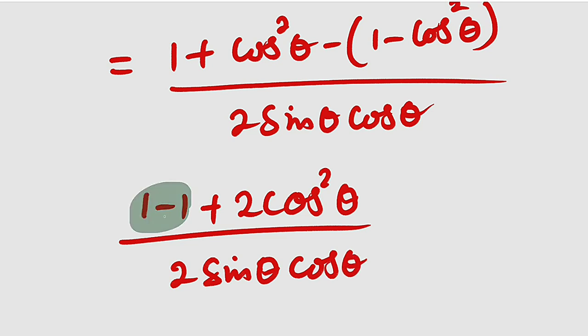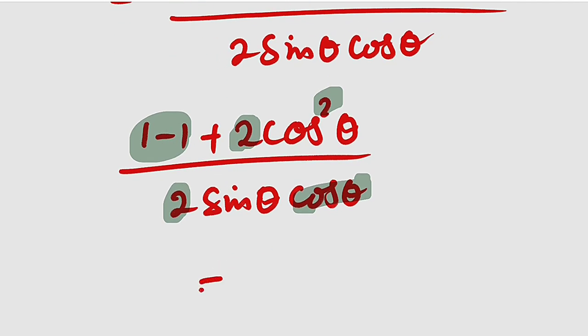From here, you can see that 1 minus 1 is 0, and this 2 will cancel this 2. What do we have left? We have cosine here. It will go into this one exactly 1 time. All we have is cosine theta divided by sine theta, the whole of this.